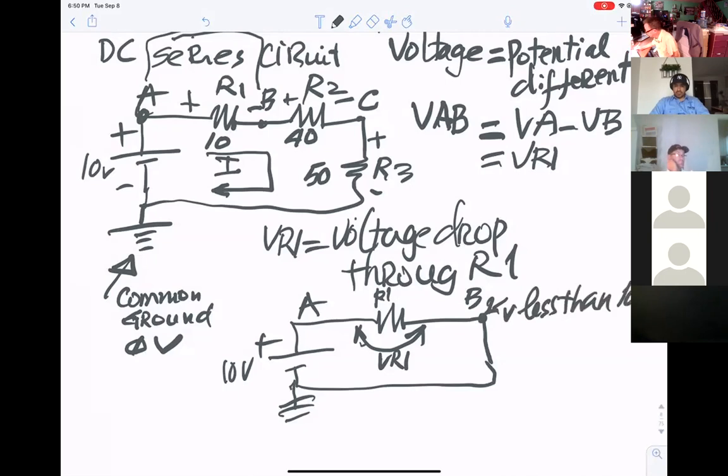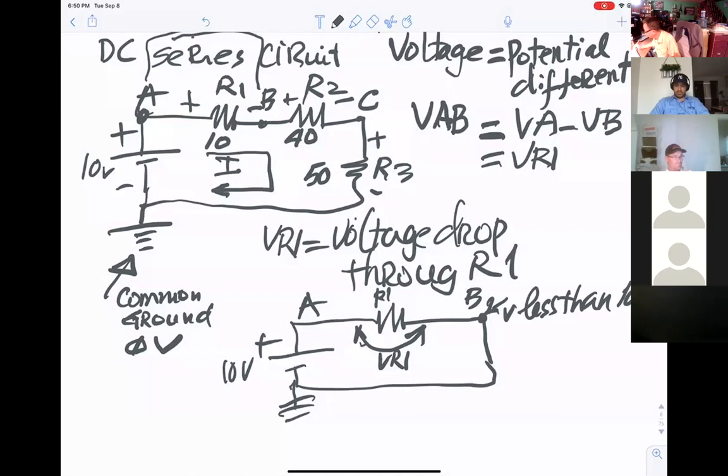The thing is, when the current flows through the resistor and you touch it, you feel it hot. So basically electrical energy is converted into heat, and that's why the voltage drops.